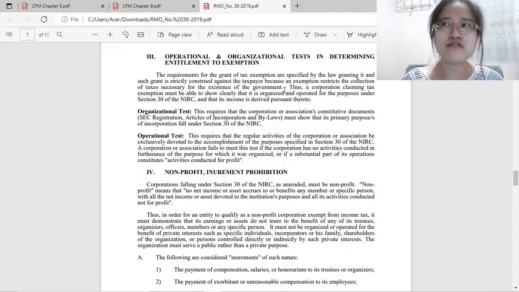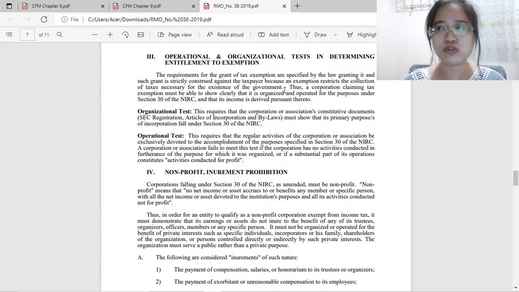If the BIR checks the requirements, and there is any doubt with regard to the requirements, it would fall on the church or the Bible school to prove that they really comply with the requirements. If there's any question, then the tax exemption may not be granted.